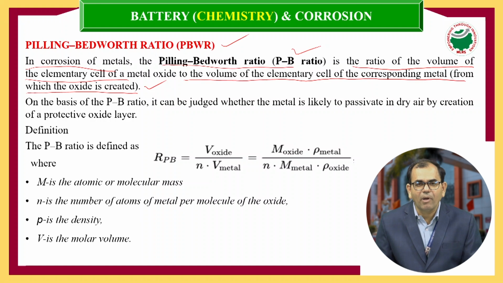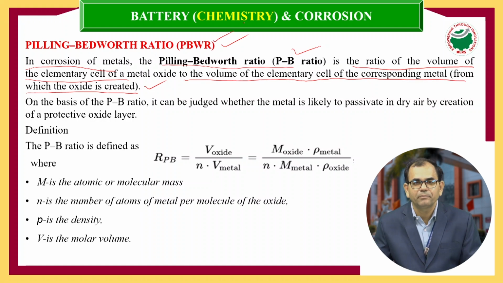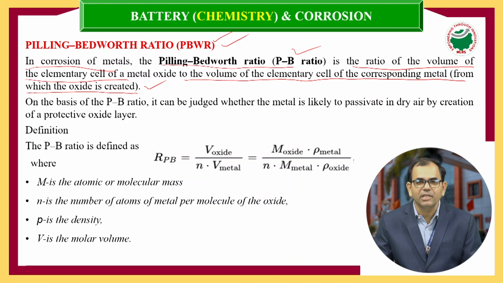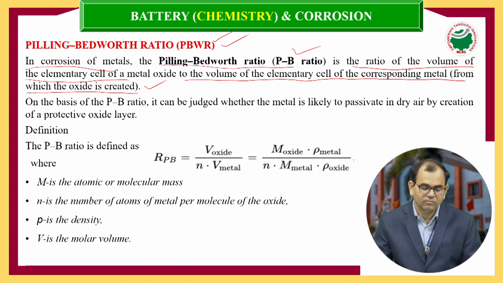The corroded part of that metal, the volume of the corroded part divided by the total volume or total area of that metal, is nothing but PBWR. Very simple. The area of the corroded part of a metal surface divided by the total area of the metal surface is nothing but the Pilling Bedworth ratio, PB ratio.